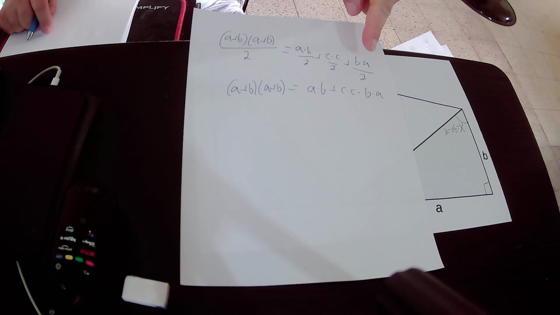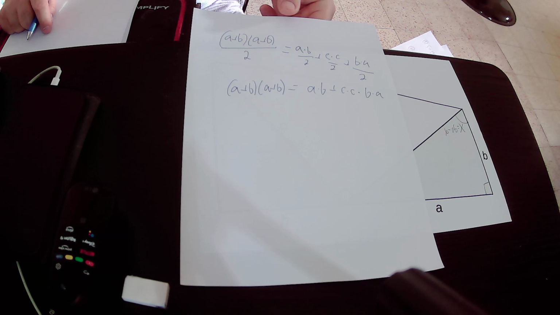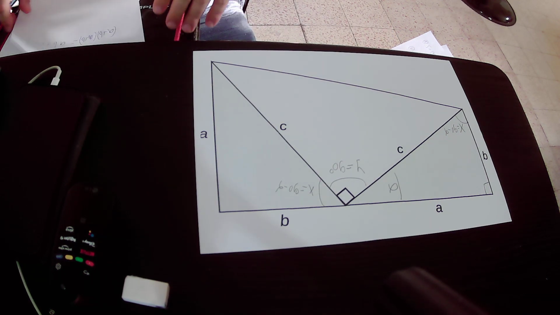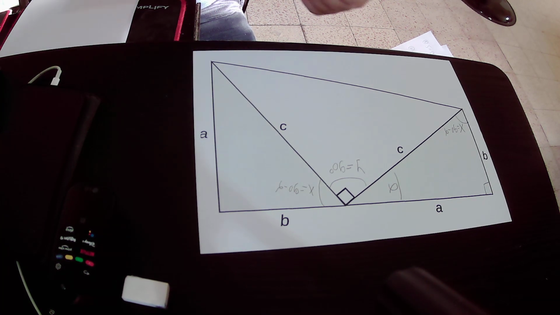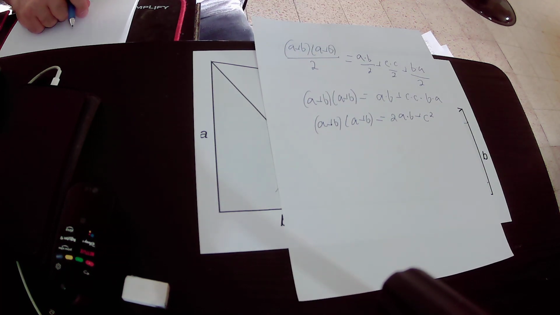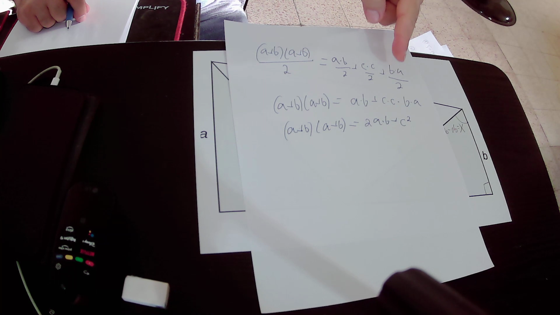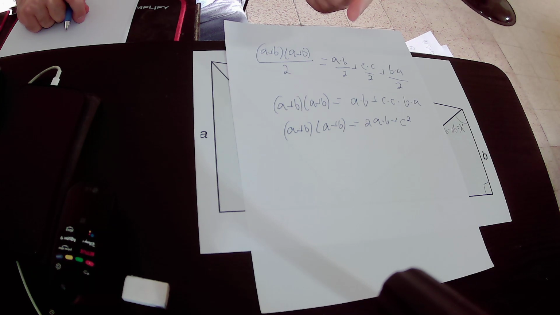Now A times B plus B times A is A times B plus A times B, that equals 2AB, plus C squared. As I already said, A times B plus B times A equals 2AB, and C times C equals C squared.